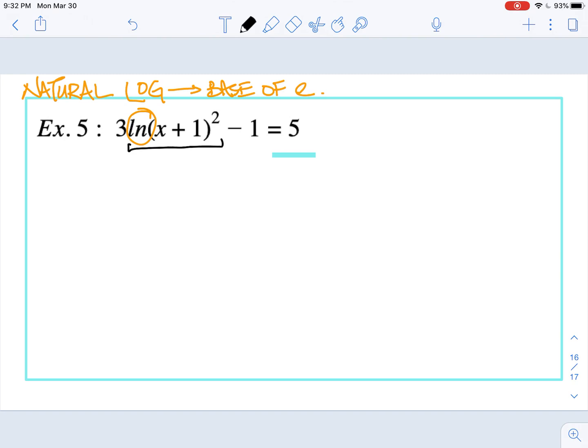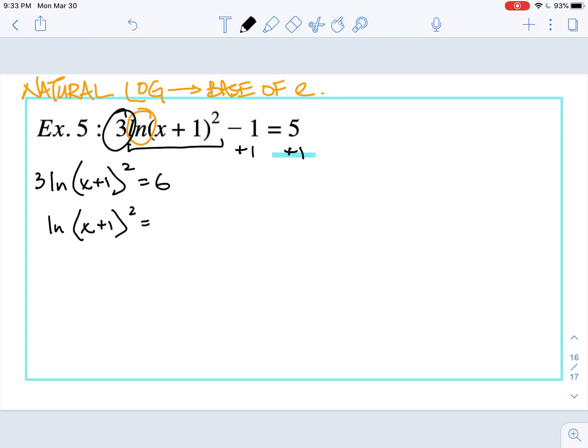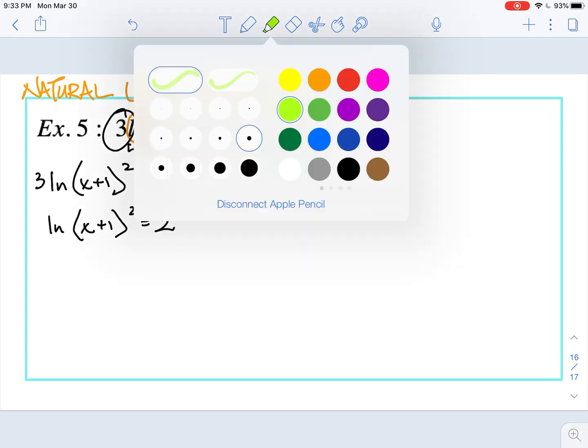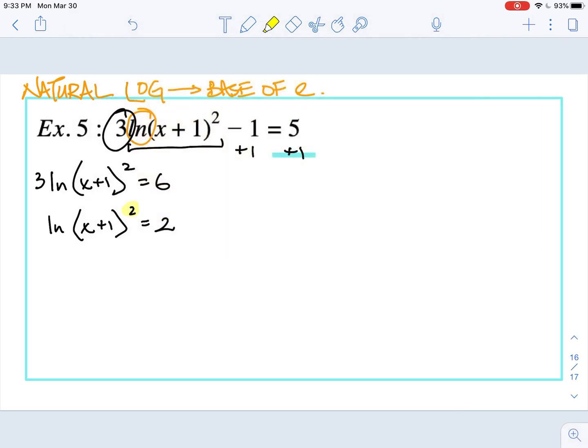I'm going to add 1 to both sides. And then I'm going to divide by that 3. Now, one last thing we could do here, and we've kind of seen this pattern before, is when we have a power, we can bring it down as a coefficient for our log.